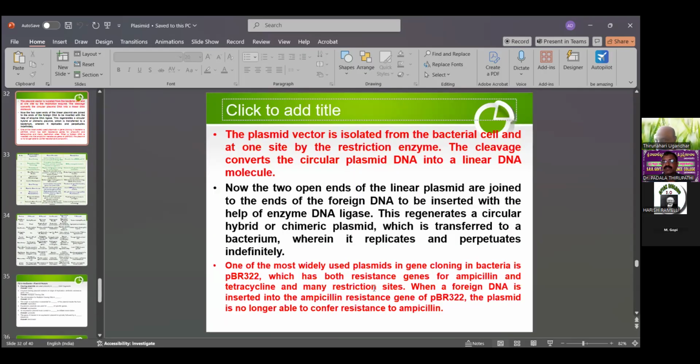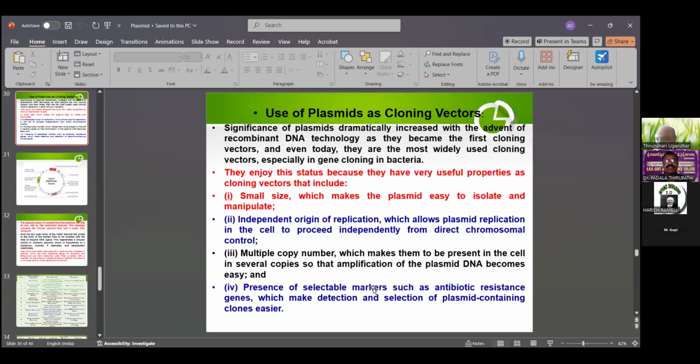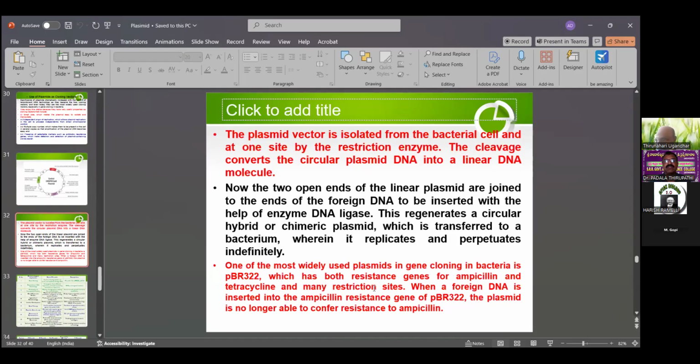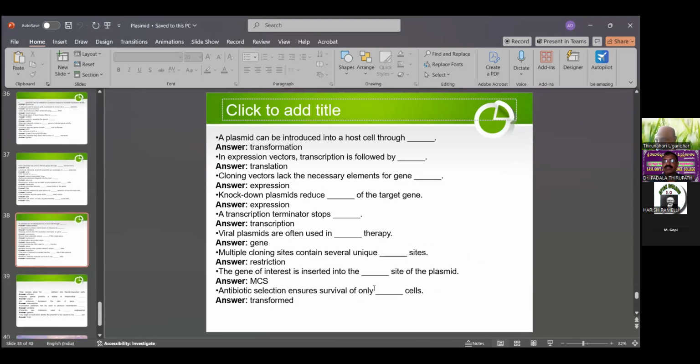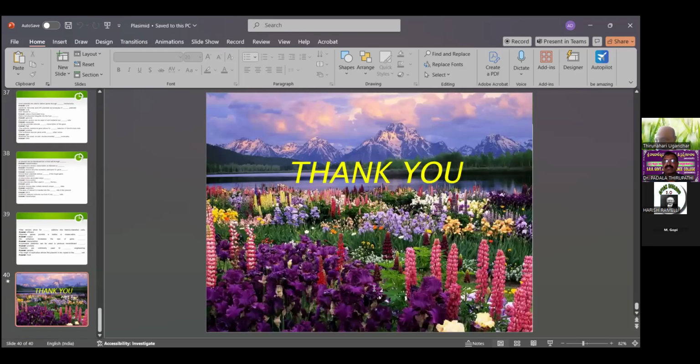Sir has clearly explained the importance of vectors and plasmids, and their importance related to biotechnology. At the same time, Sir has clearly explained the main characteristic features of the plasmid in this topic.